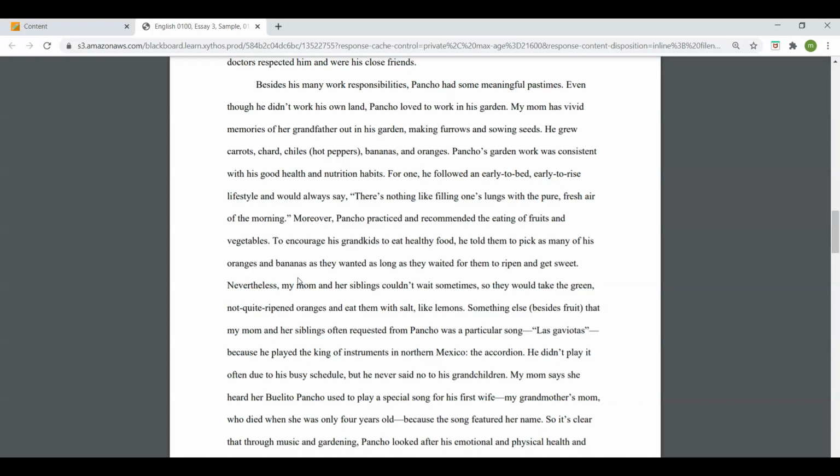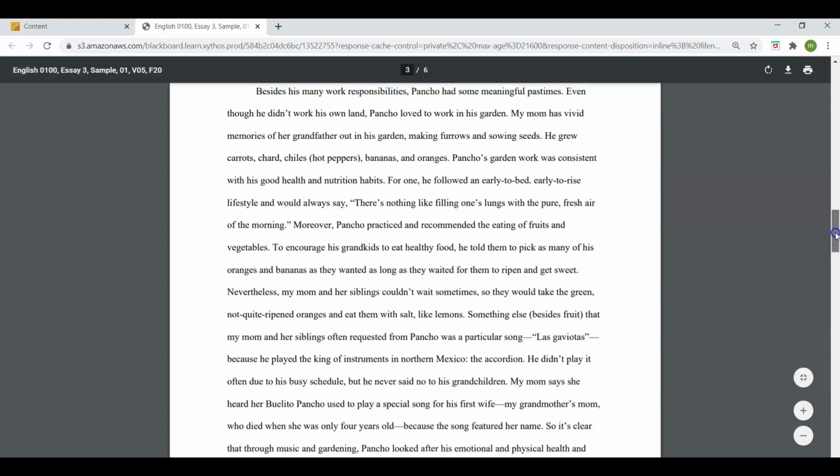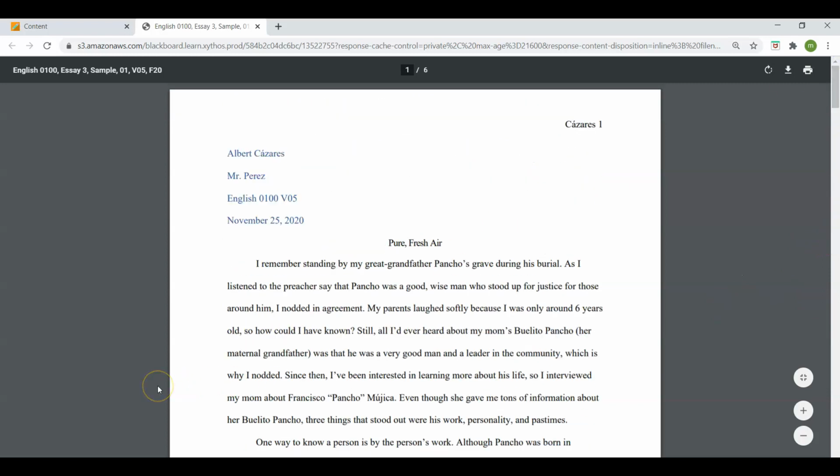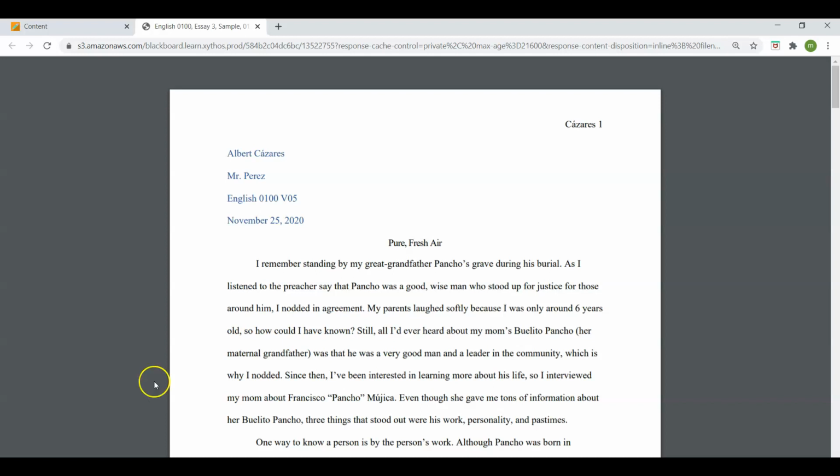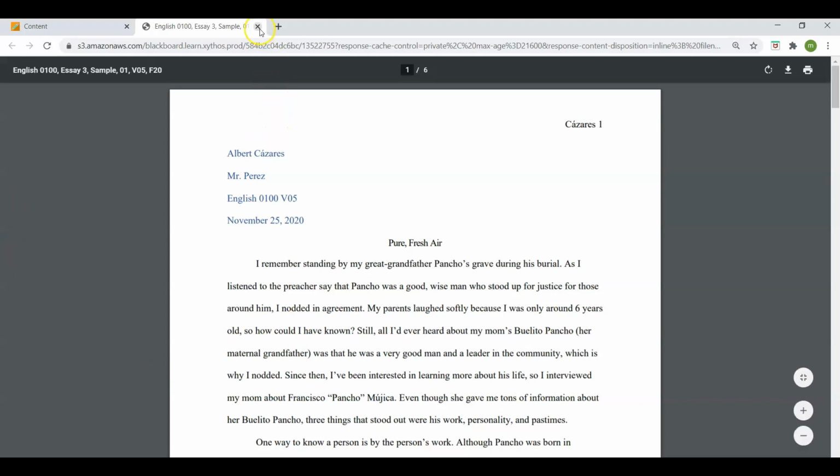But again, the easiest thing is just give me the body paragraphs, don't give me the other stuff. The only reason I explained it was so that you would have that explanation somewhere. And rather than create another video with another set of explanations, I just included it in this one.